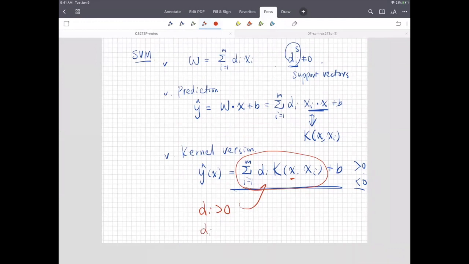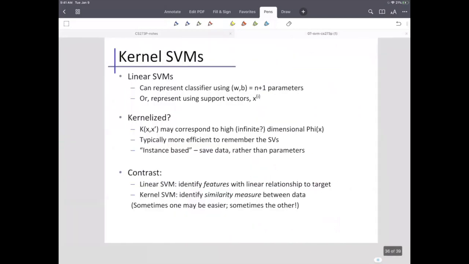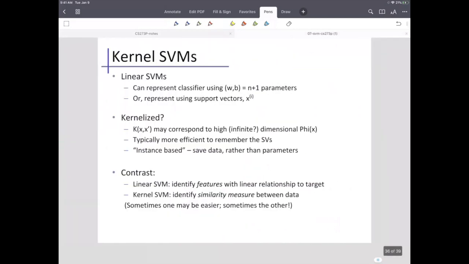Many of them are exactly 0, and those are not involved. The data points corresponding to the positive alphas are the support vectors. Once you generate the nonlinear model, it's possible that you have many support vectors, which makes things slightly more complicated. All right, so that's what I wanted to say regarding the kernel SVM.